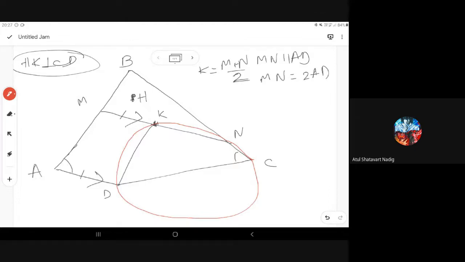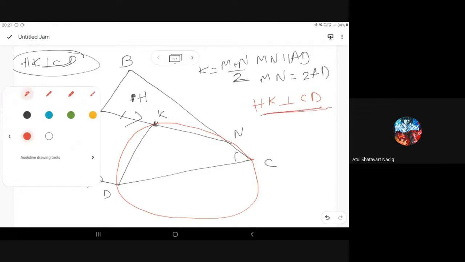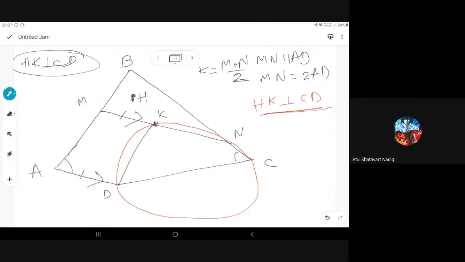Okay, what if HK was actually perpendicular to CD? What would that actually tell you? Suppose this red statement was true. You also know that CH is perpendicular to AB, and AB is basically parallel to KD, right?